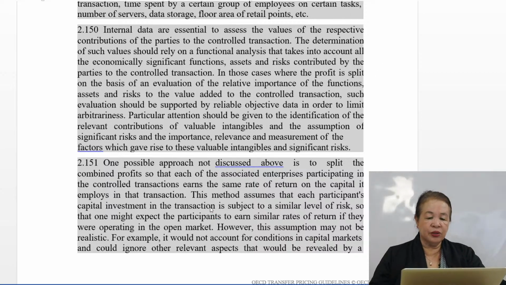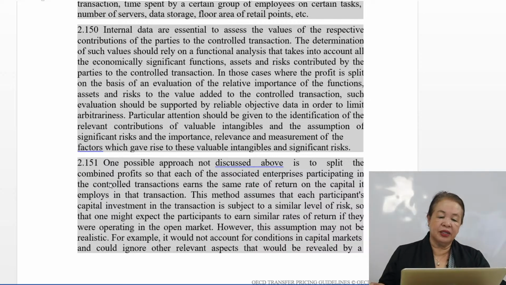This method assumes that each participant's capital investment in the transaction is subject to a similar level of risk so that one might expect the participants to earn similar rates of return if they were operating in the open market. However, this assumption may not be realistic, no? Kaya facts and circumstances of the case pa rin is to be determined.